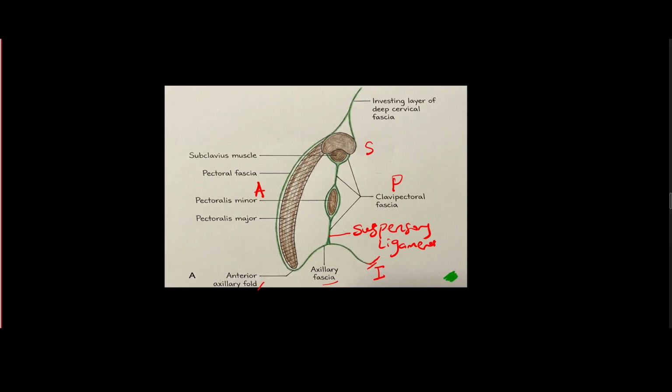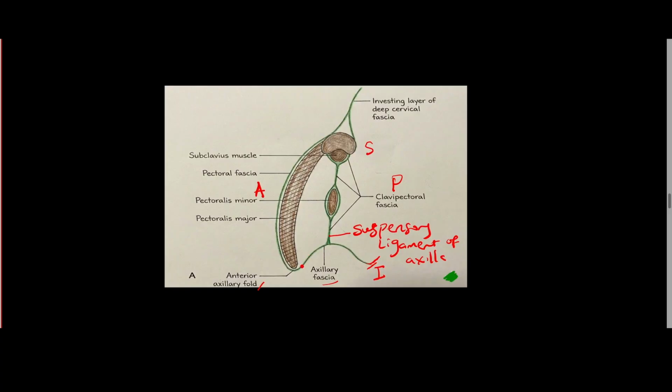This suspensory ligament of the axilla is essentially a fibrous extension of the clavipectoral fascia. So it attaches to the axillary fascia and pulls it upwards.